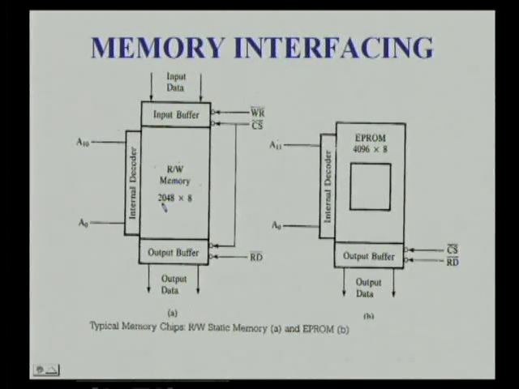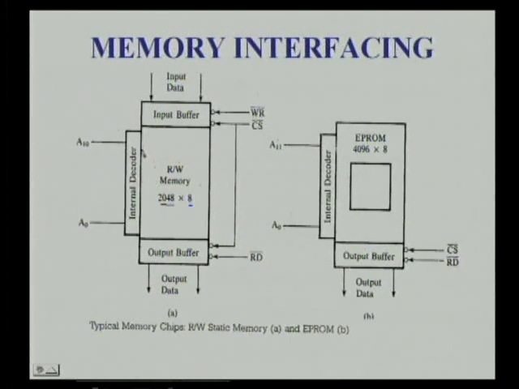This is a 2K memory chip, 2048 memory locations will be there inside it, each of 8-bit size. And for identifying these memory locations, the address lines needed are 11, we will see it later, A0 to A10, they are connected to the chip, and internally they will be decoded.